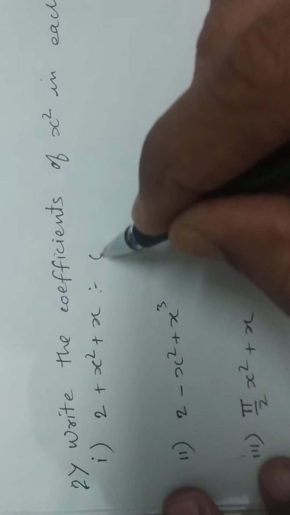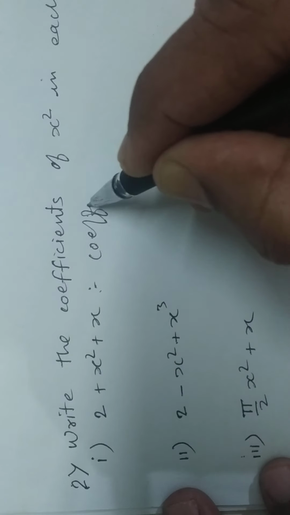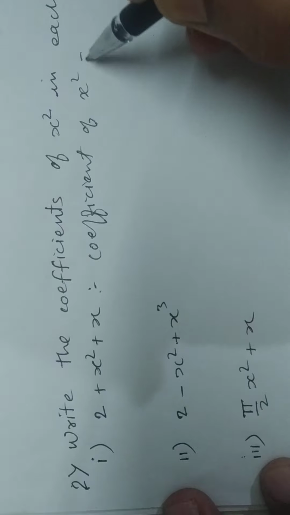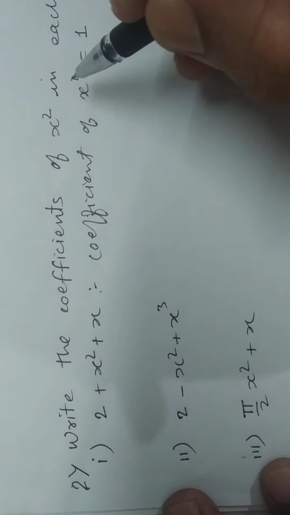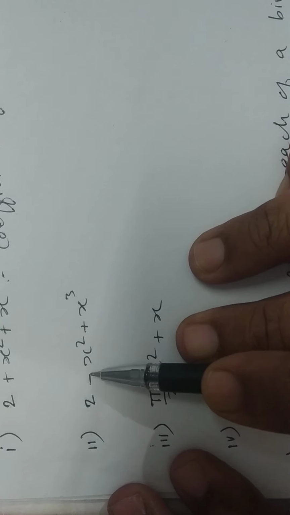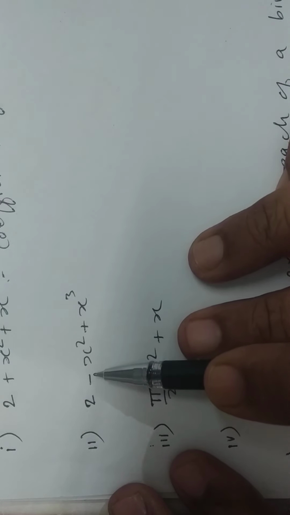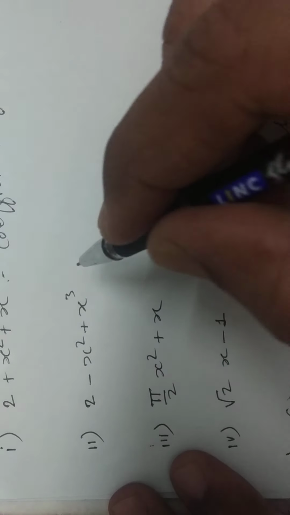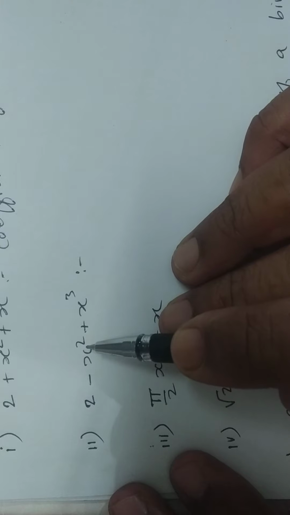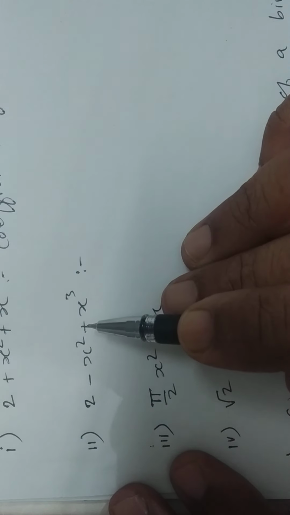So the coefficient of x square is equal to 1 here. In the second case, the minus sign is there, therefore it is minus 1.